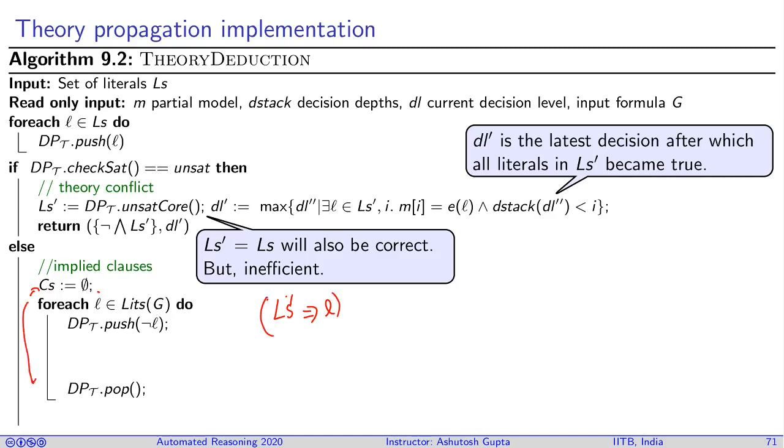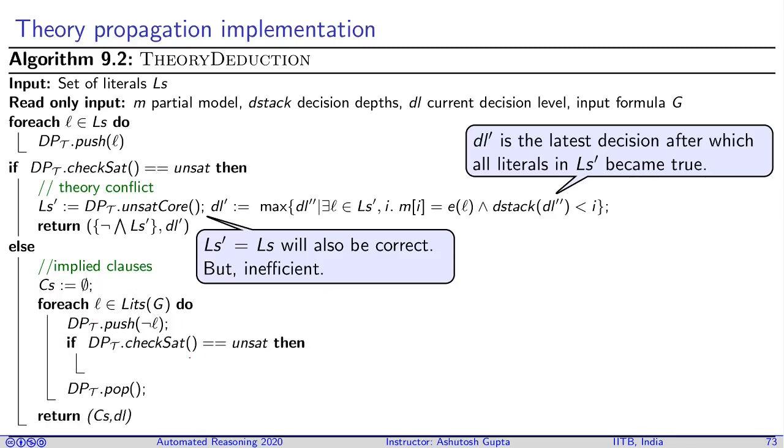For every literal that appears in our formula G, we add the negation of that literal in our decision procedure. And then we check if it's unsatisfiable. If this is unsatisfiable, that means that ls implies L. Now we collect the unsat core and we get ls prime, and again we add this ls prime to our set of returned clauses.